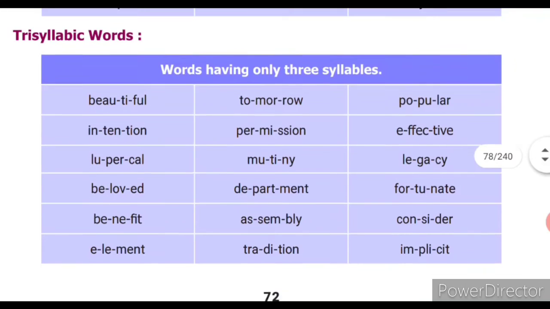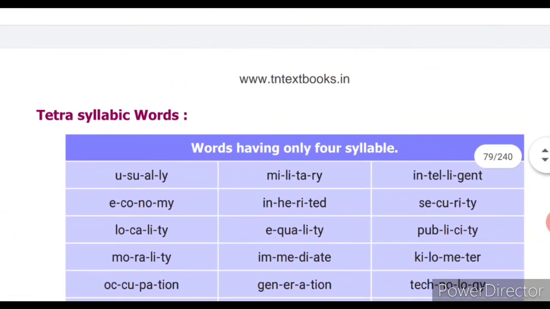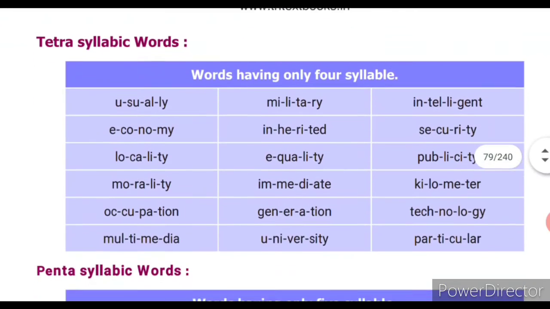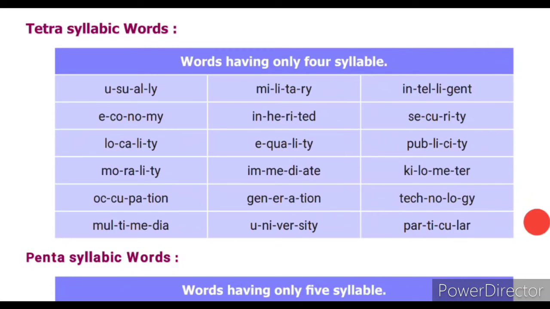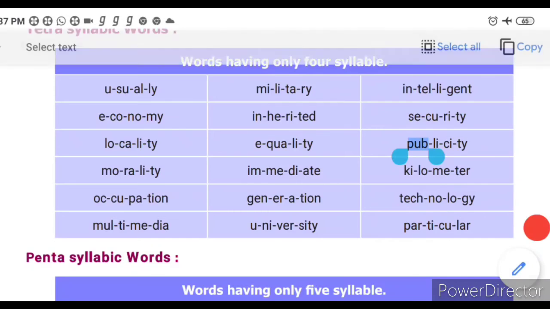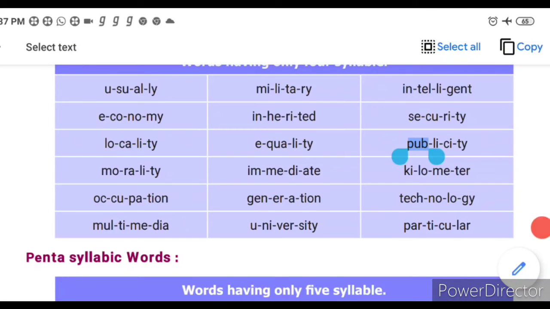Okay. So next let us see the tetrasyllabic words. Words having only four syllables are called tetrasyllabic words. Okay. So usually, military, intelligent, economy, inherited, security, locality, equality. Here in equality, E stands alone. So we have seen a vowel in a syllable; here it stands alone.